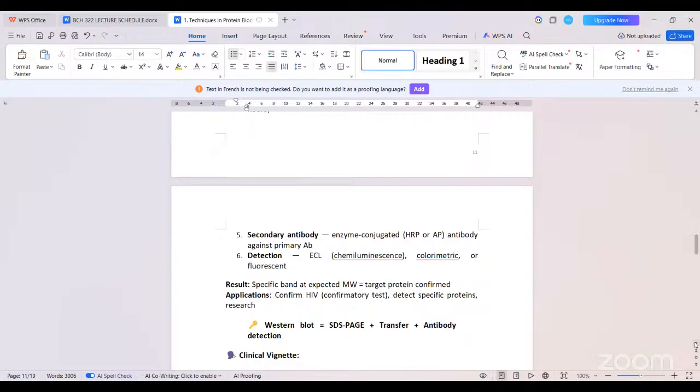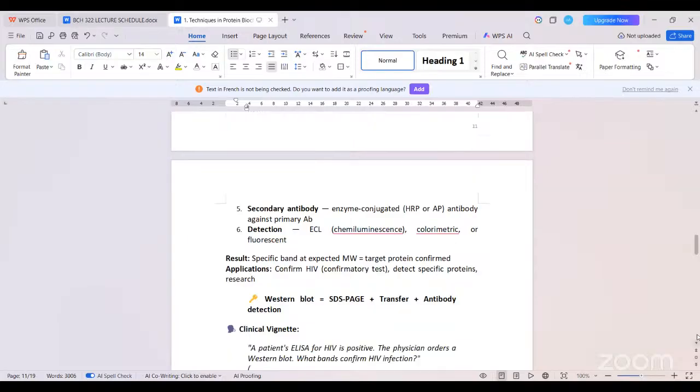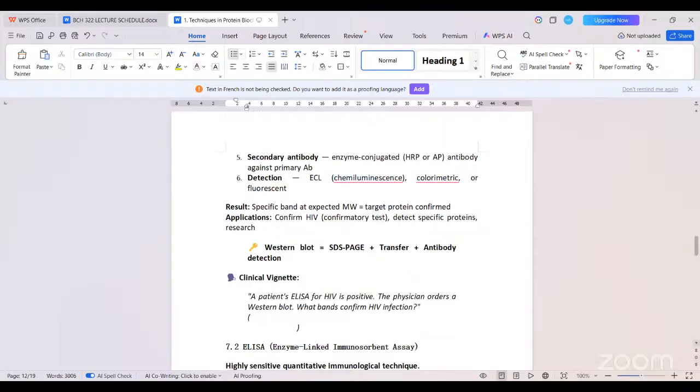And this technique is often used for the HIV test. It's used as a confirmatory test to know if the person is HIV positive. It's also used to detect specific proteins in research. So the Western blot is equal to SDS-PAGE plus transfer plus antibody detection.